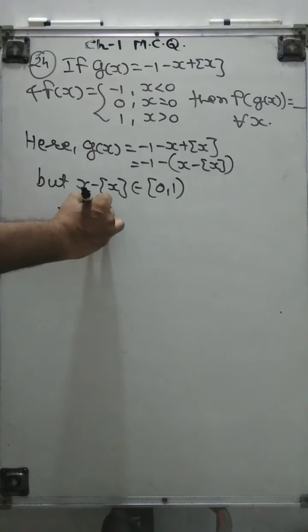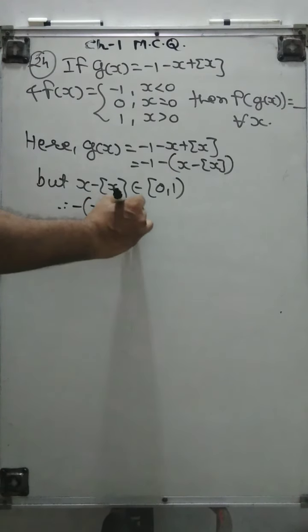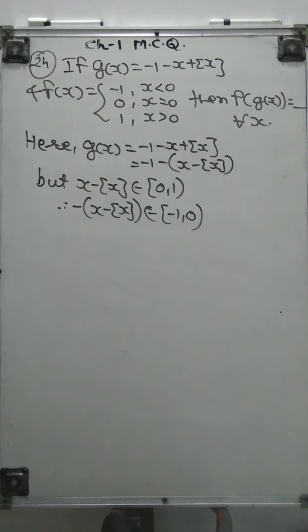Therefore, -(x - [x]) belongs to -1 to 0. It is between -1 to 0.